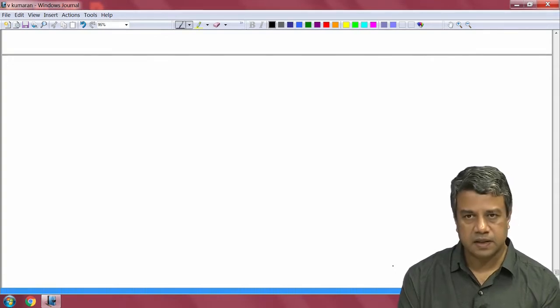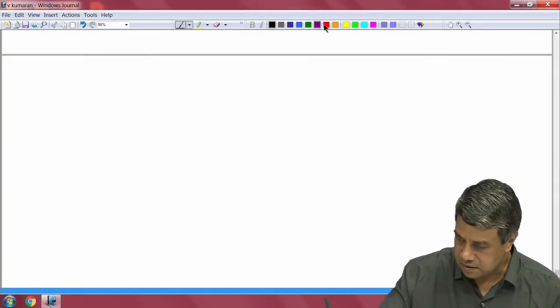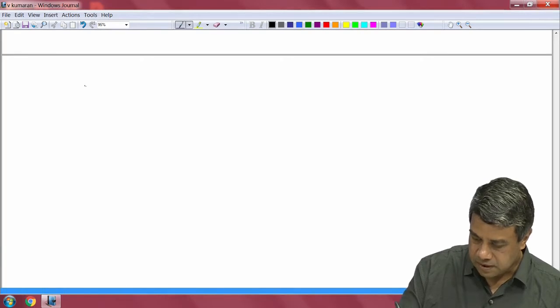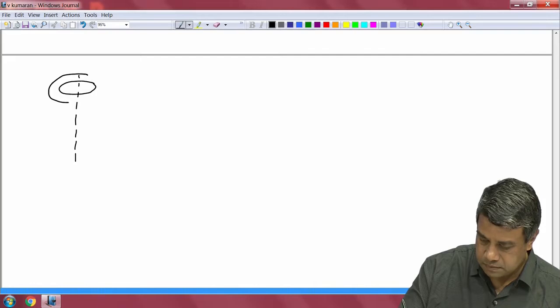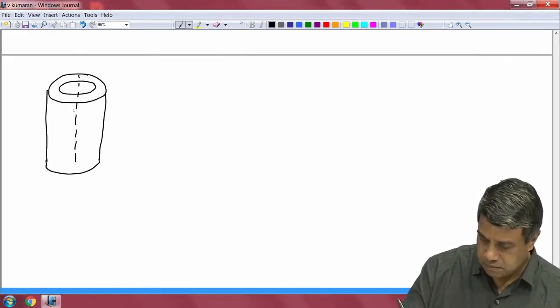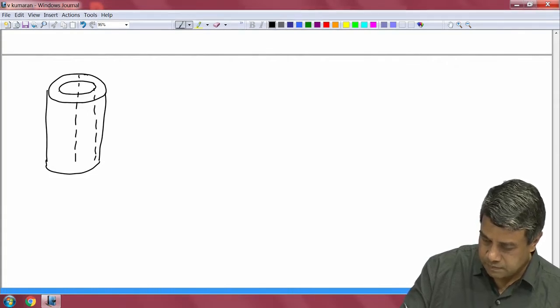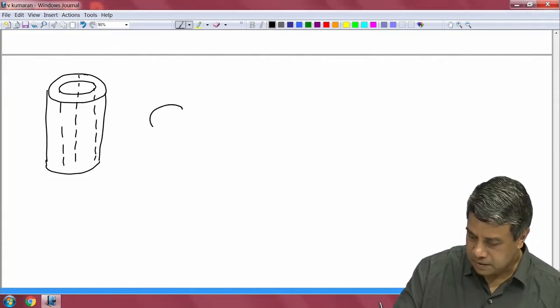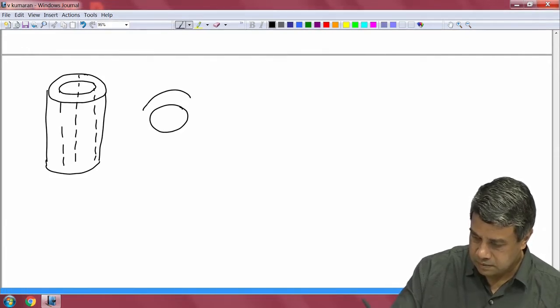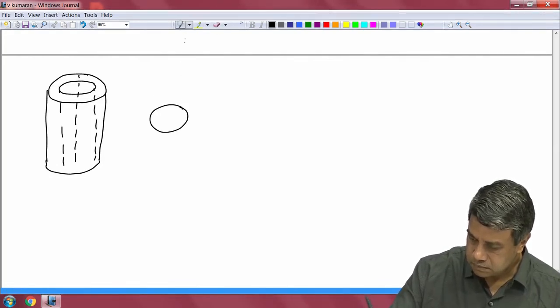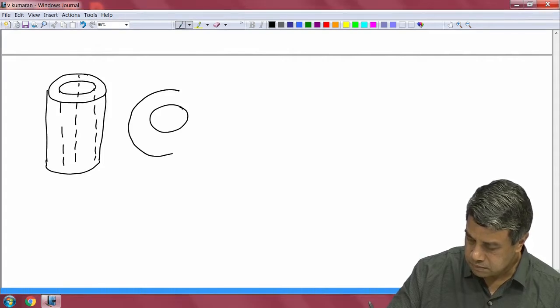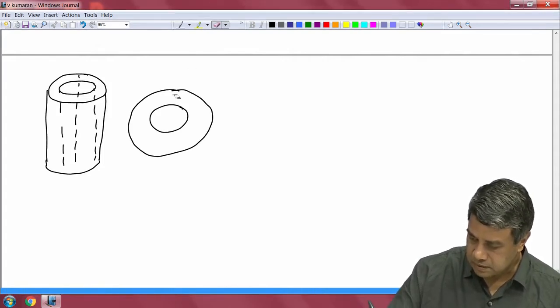Let me solve another problem, in this case regarding a rotating cylinder. This is a momentum transfer problem of two rotating cylinders. And if you look from the top, it looks something like this: two concentric rotating cylinders.